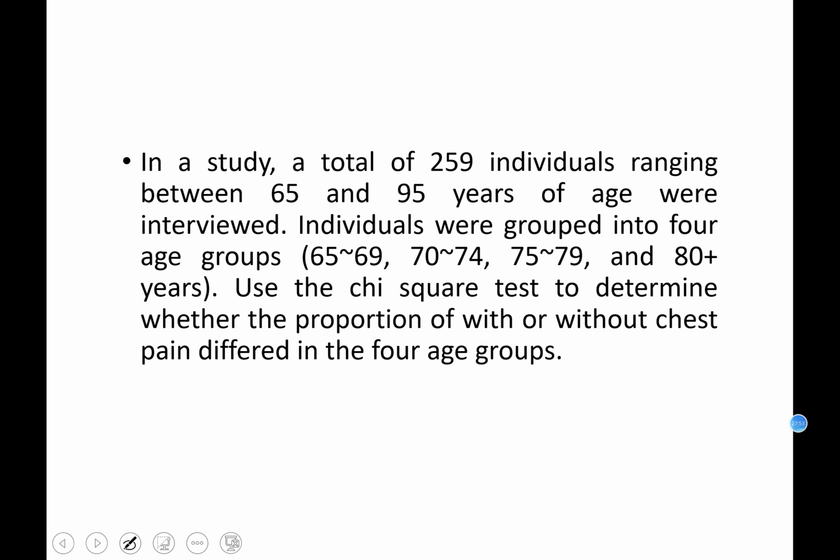Okay, let's analyze the information given in the question. We find that all the individuals were grouped into 4 age groups, 1, 2, 3, and 4. Use chi-square test to determine whether the proportion of with or without chest pain differed in the 4 age groups.